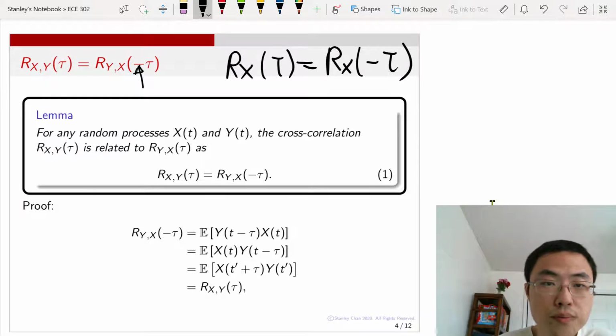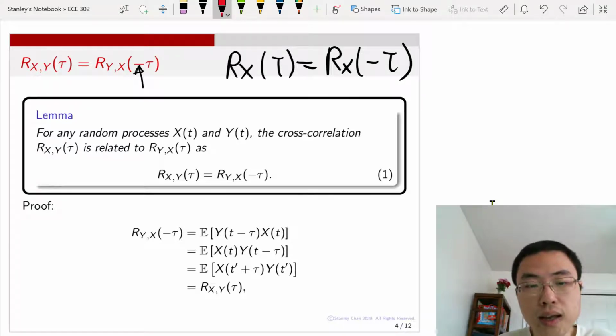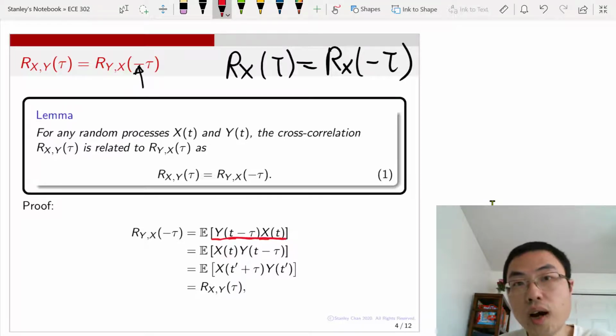You can start by looking at R_yx at minus tau. This is defined as y and x. The time gap is minus tau, so you have y at t minus tau, and then x at t. This is the same as you just switch the order of this product. You have x(t) and y(t minus tau). Then, since this is wide-sense stationary, you can just shift them by a certain amount.